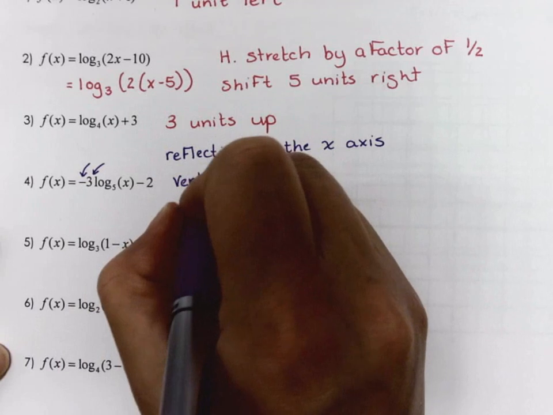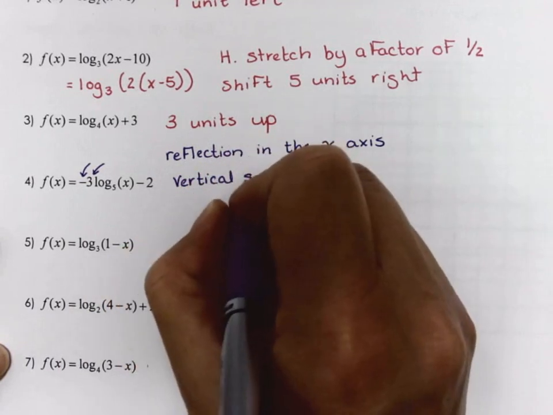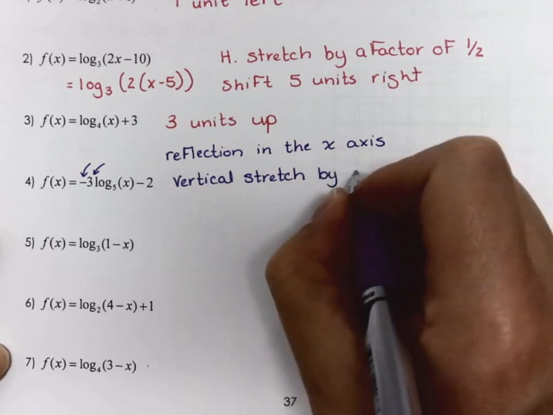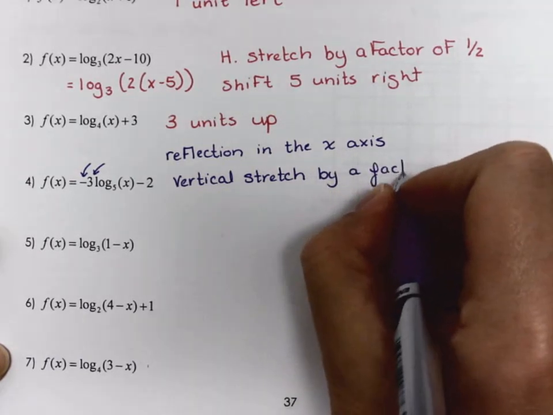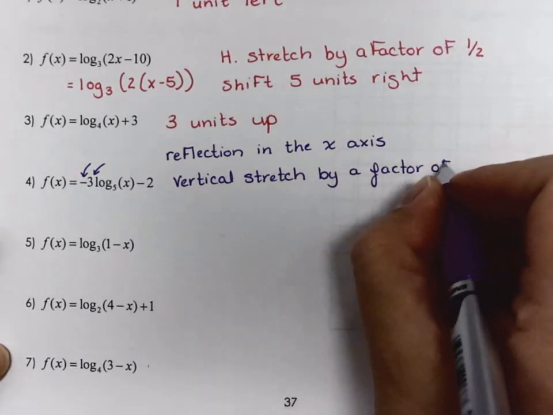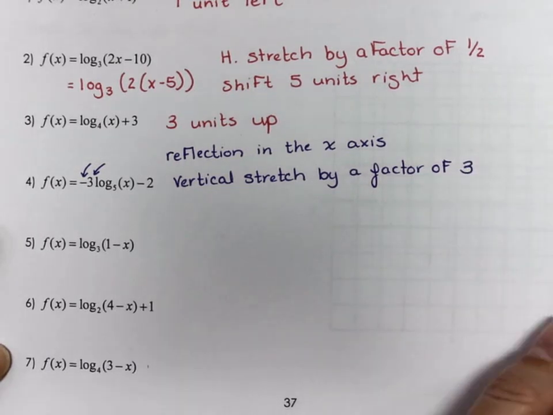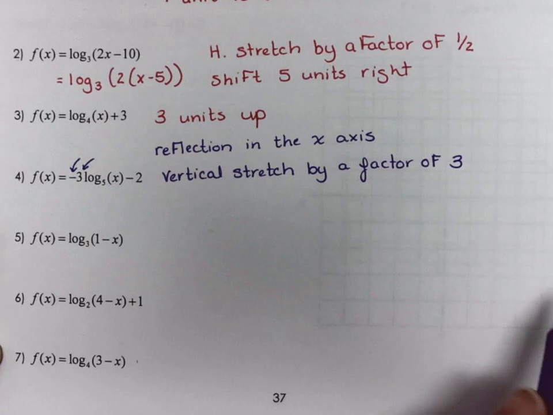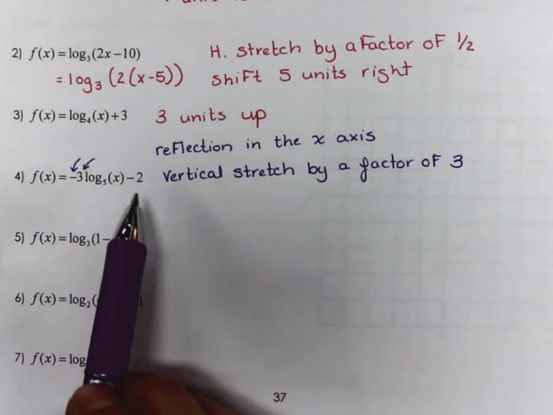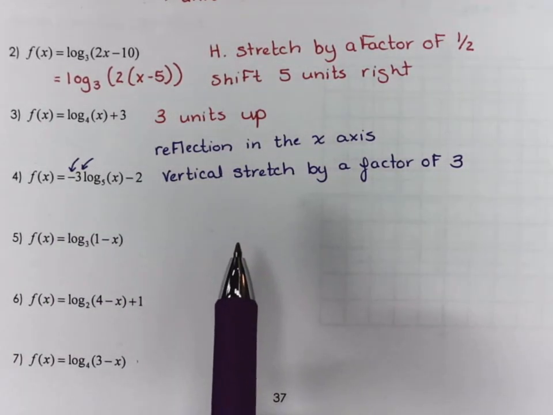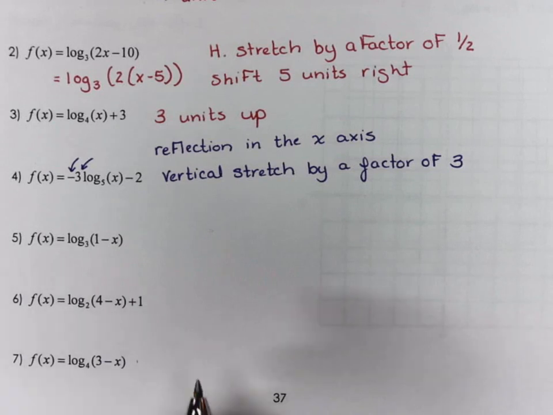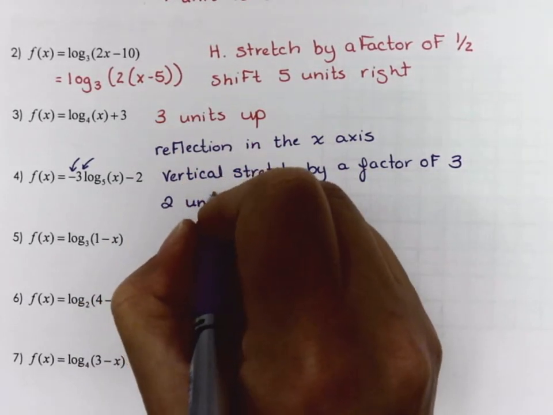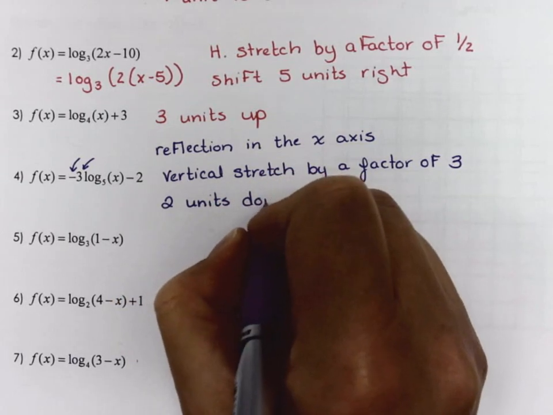So we have a vertical stretch by a factor of 3. Okay, is anything happening with the x in the brackets? No, so we have no shifting left or right. And we are going to go 2 units down.